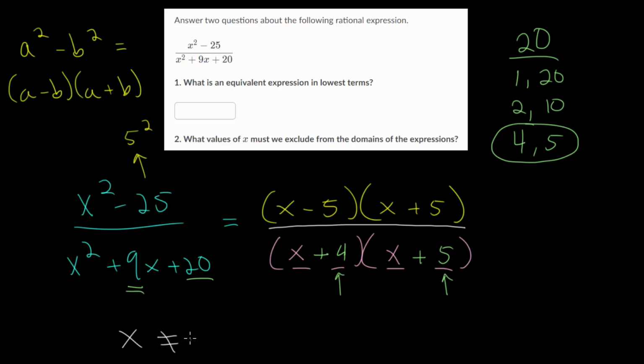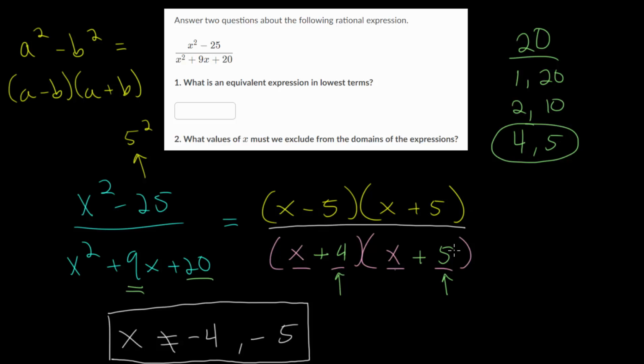So x cannot be negative 4. And if we plug in negative 5 here, we would get 0 multiplied by negative 1, which again is just 0, since 0 multiplied by anything is 0. So this will answer the second part of the question, which x values we need to exclude. It would have to be negative 4 and negative 5.